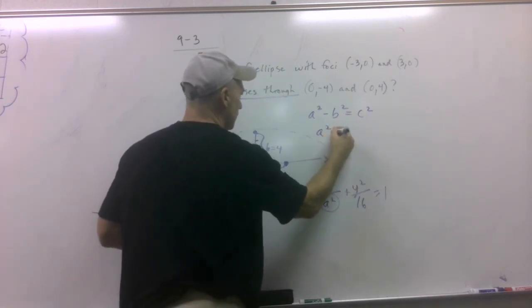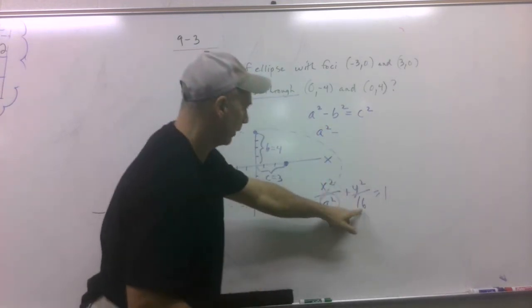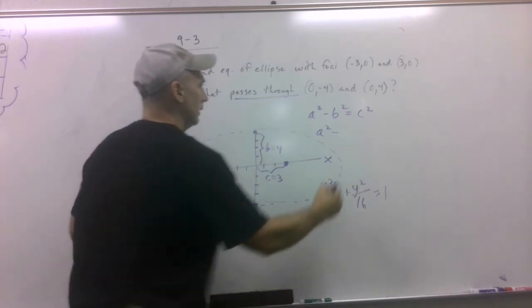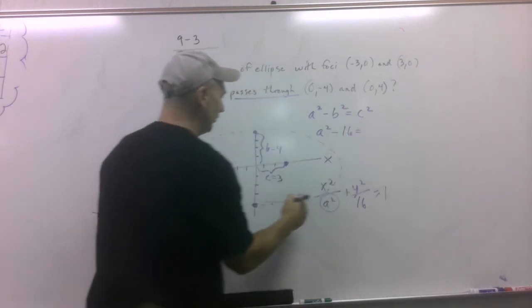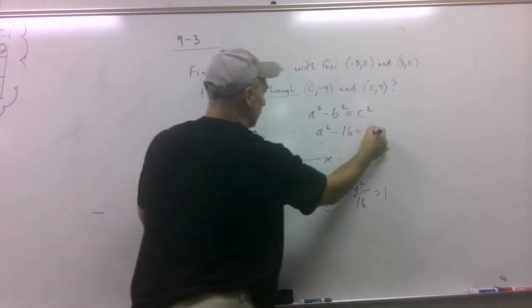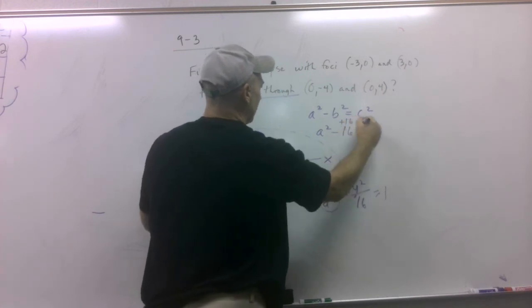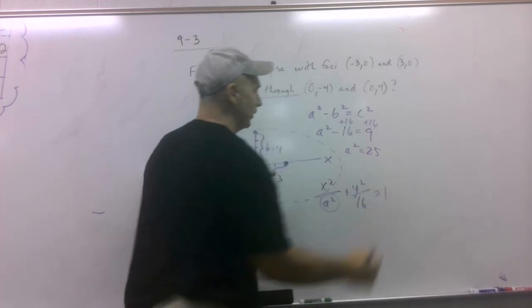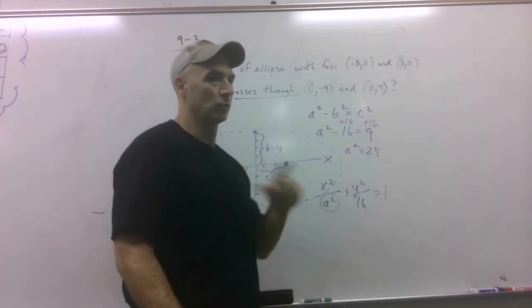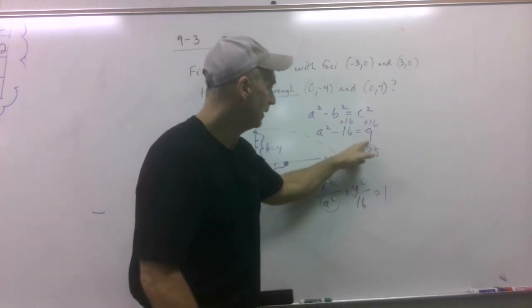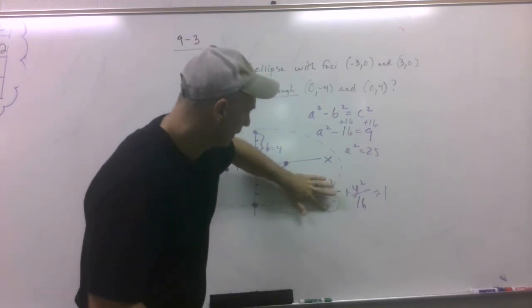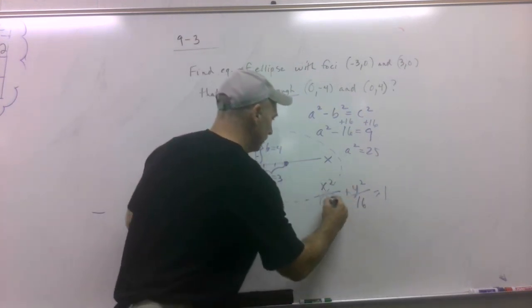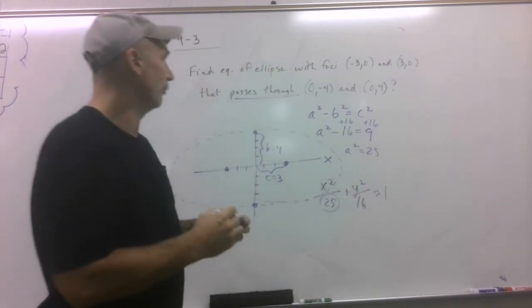So a squared minus, remember, b squared is 16, equals c squared. If c is 3, 9. I'm going to add 16, so a squared is 25. Now, I know your temptation, because it's mine too. Bada boom, bada bing. But remember, we want a squared down there, so it's like, be done. And there you go. You found it.